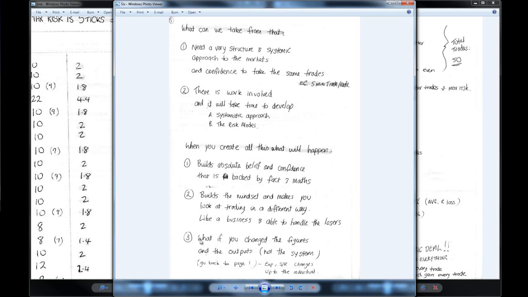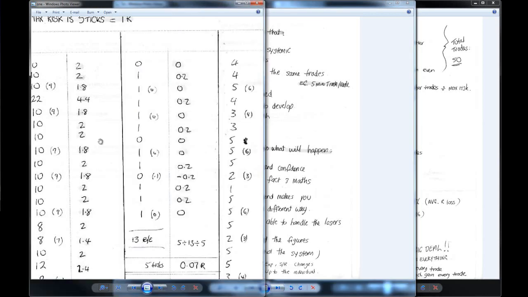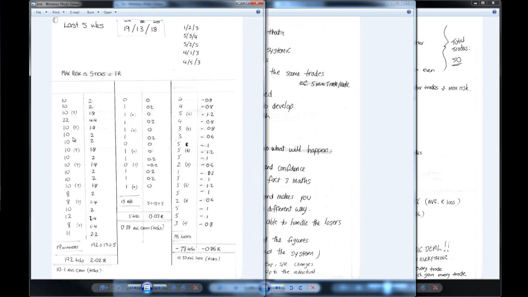And following that, what if you change the figures and the outputs? So not the system. Going back to page 1, what if I'm taking the exact same trade, so entries don't have to change.